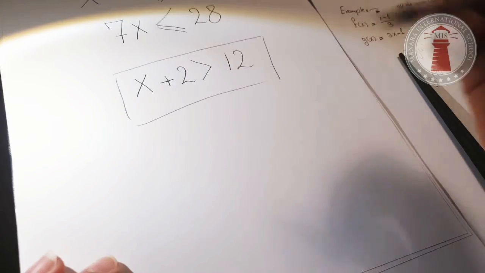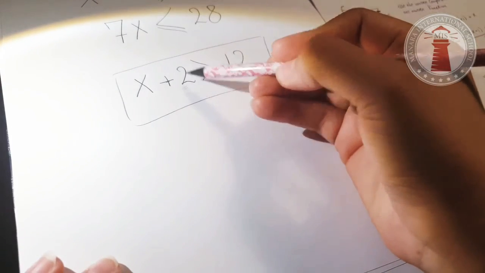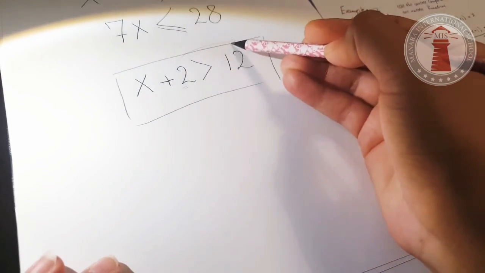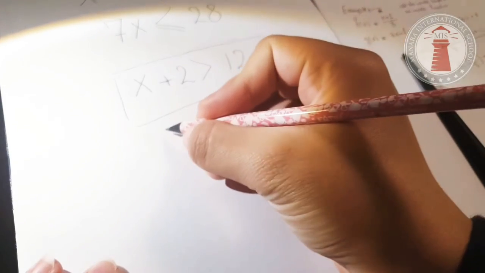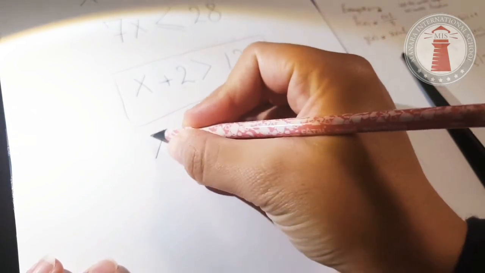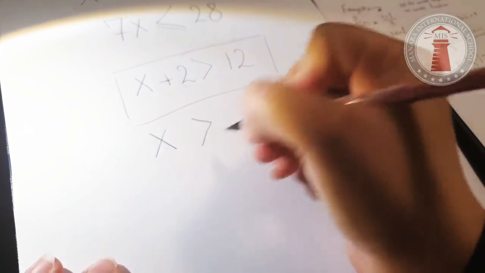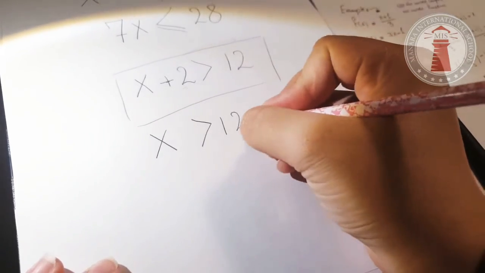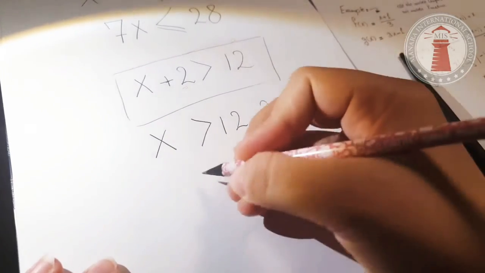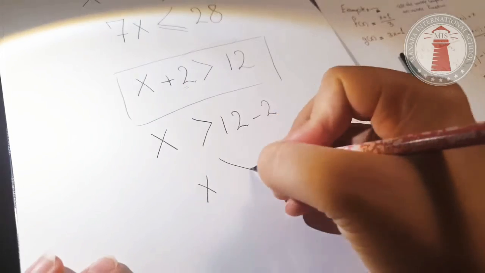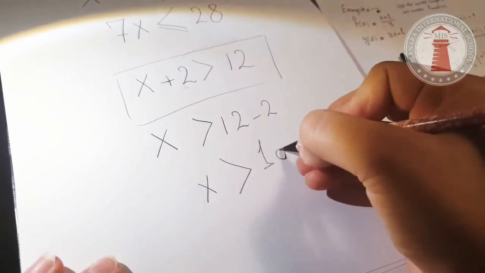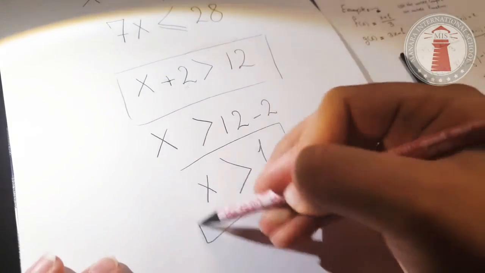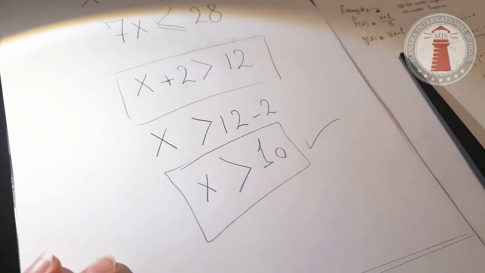What you would do is take this 2 and move it to the other side with the negative sign, right? So this is exactly what we're going to do here. x is greater than 12 minus 2. So it becomes x is greater than 10. Here we are. Now this way you solved the inequality.